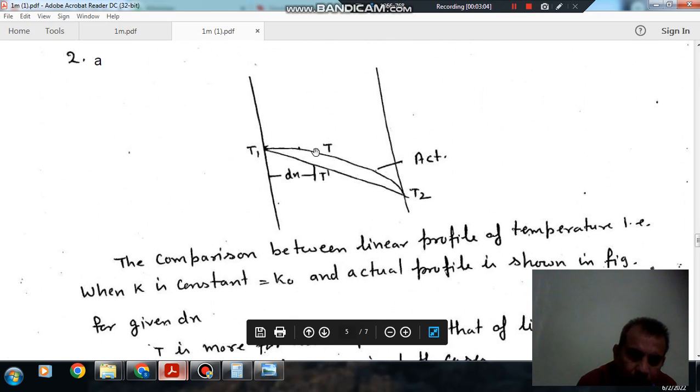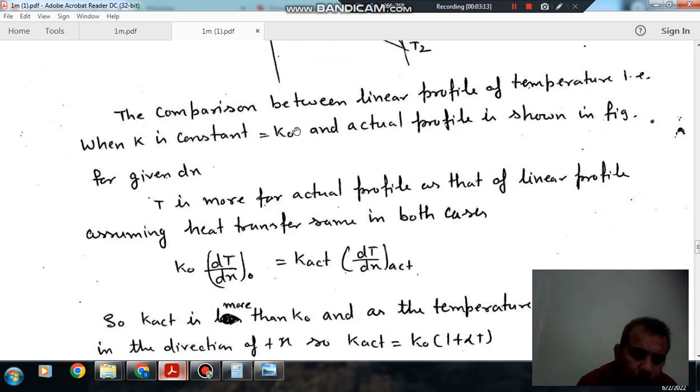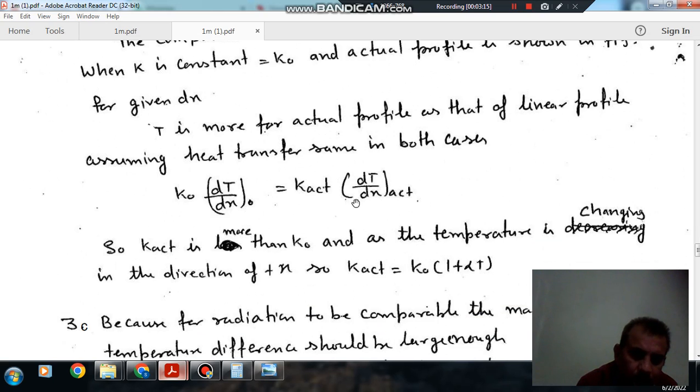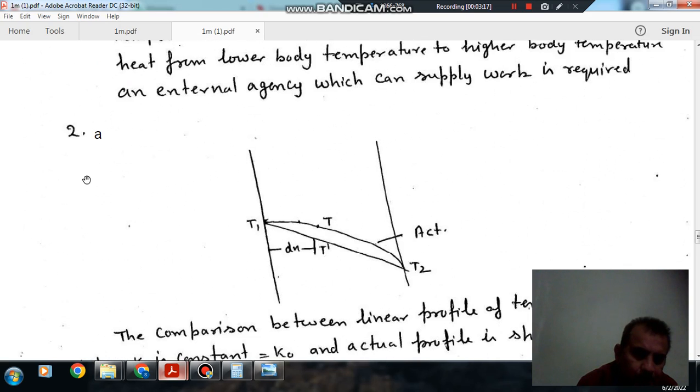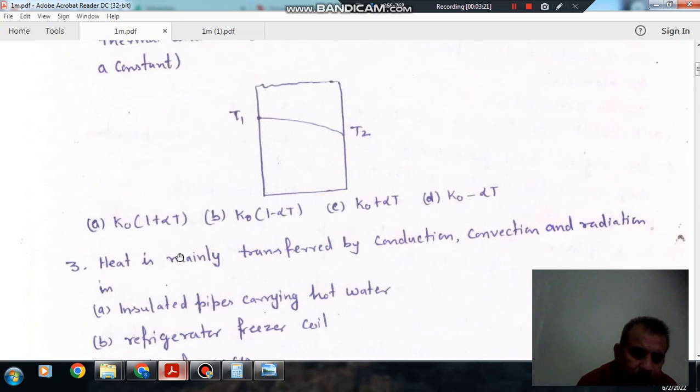There is less change here, so for the same heat transfer, k actual should be more. So answer is option A.